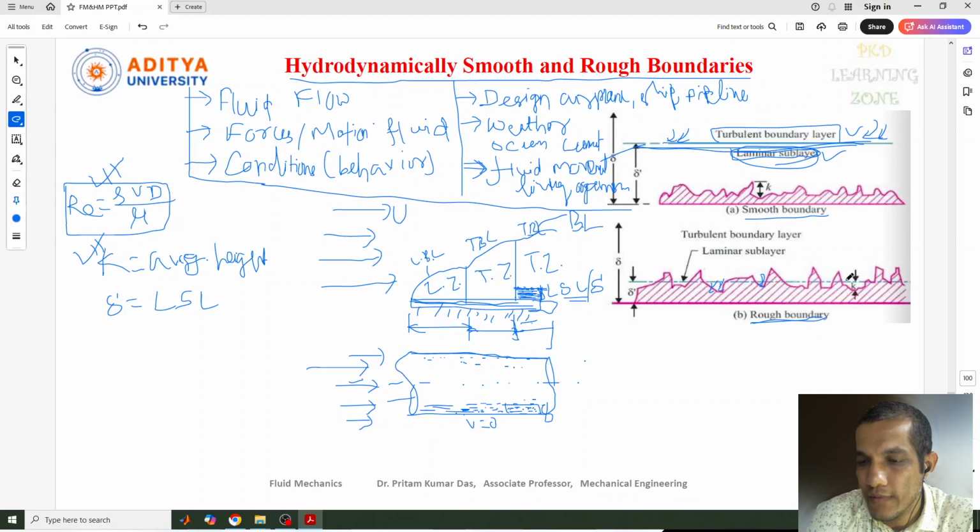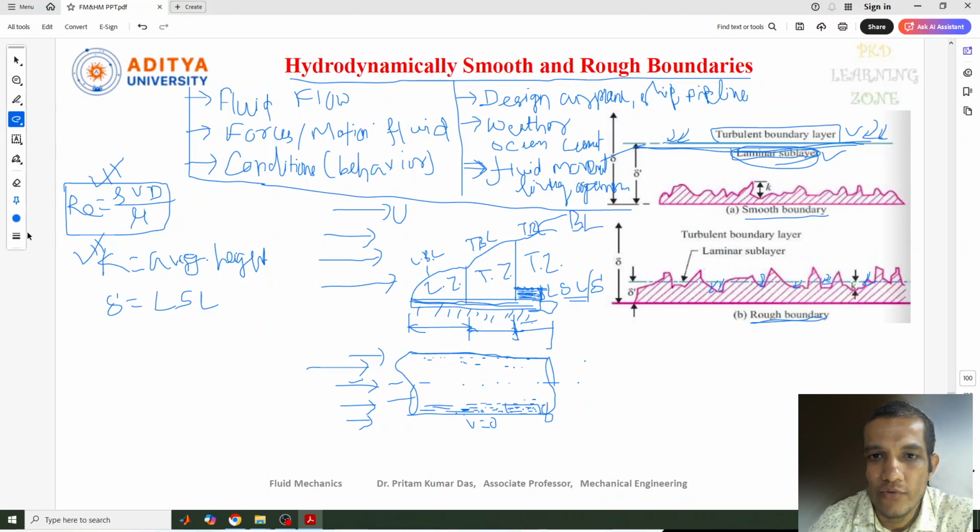Eddies are nothing but liquid that will be like a curved shape, formed at this point. That I'll discuss later; we'll discuss more details in the boundary layer conditions. So let's see here what the smooth and rough conditions are.